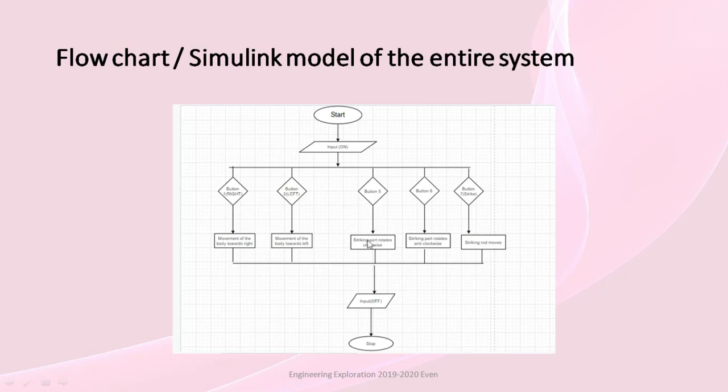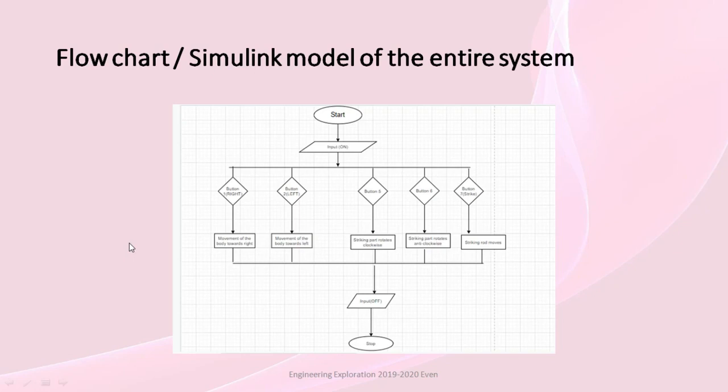When button 5 is pressed, the striking part rotates clockwise, that is, it changes the direction towards the right, and when button 6 is pressed, the striking part rotates towards the left of the carom board. When button 7 is pressed, the DC motor rotates and hits the striking rod, so that the striking rod hits the striker, and after that it is off and the process is stopped.